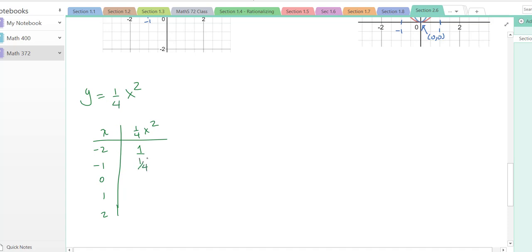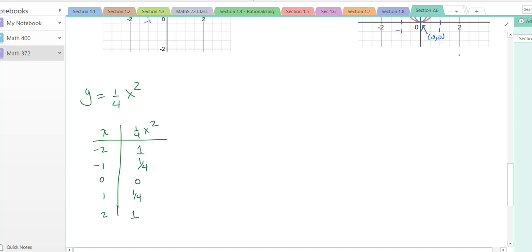And so there's the shrinking. 0 is 0. So notice that the vertex is not changing. At 1, we're going to have 1/4, and at 2, 2 squared is 4, times 1/4, we get that 1 again. And this is how I know that I have a parabola, because we start mirroring points.